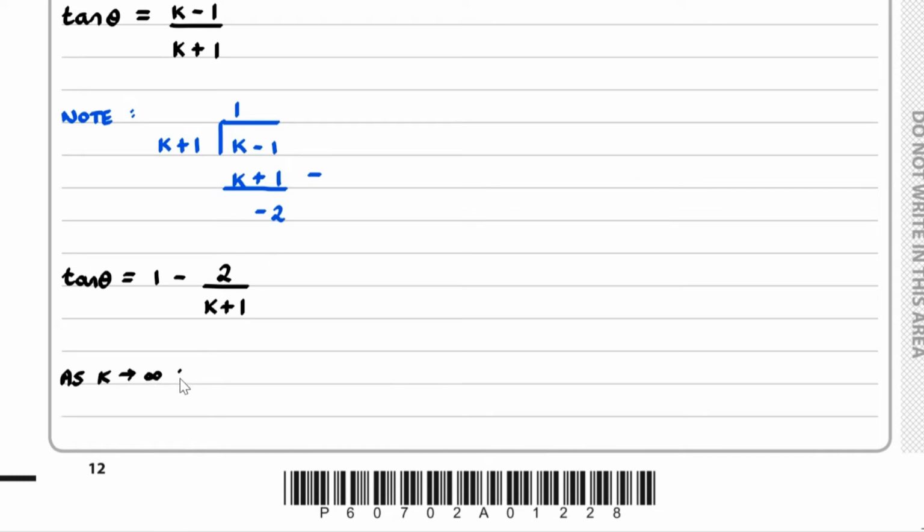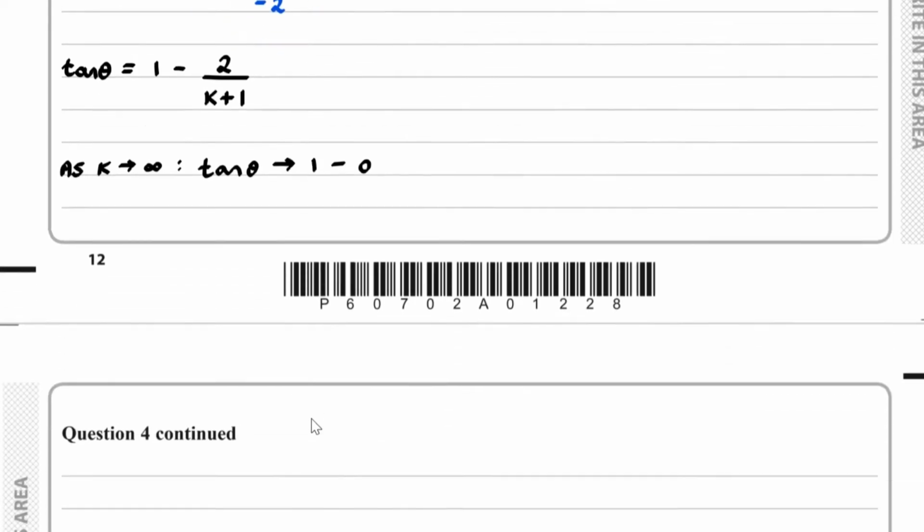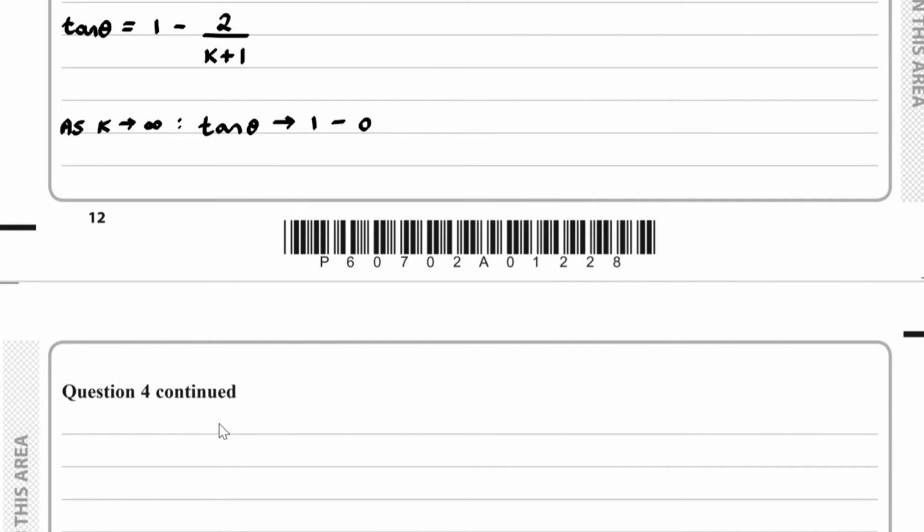As k gets very large, we have tan theta tending towards 1 subtract 0. So in other words, tan theta tends towards 1.